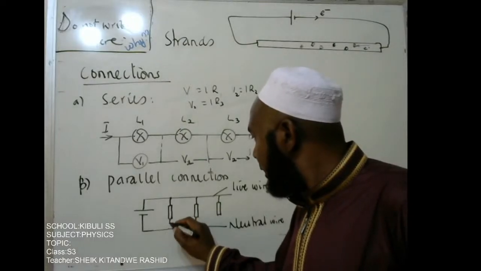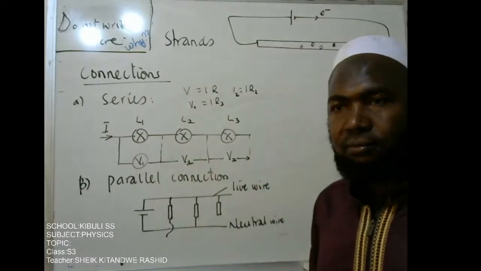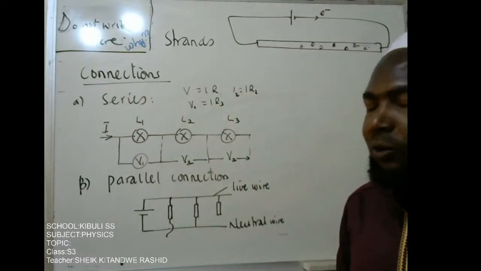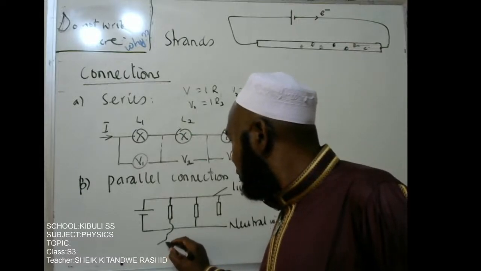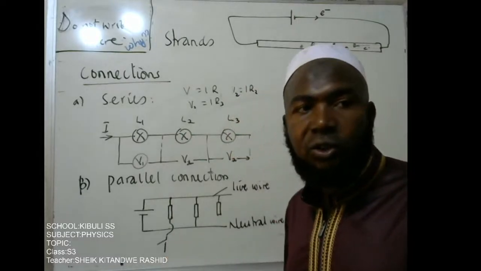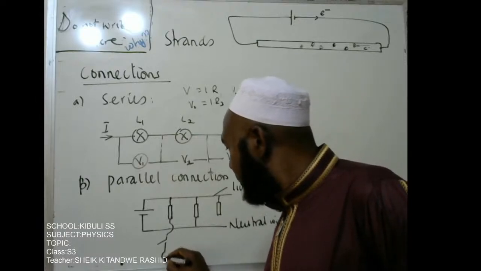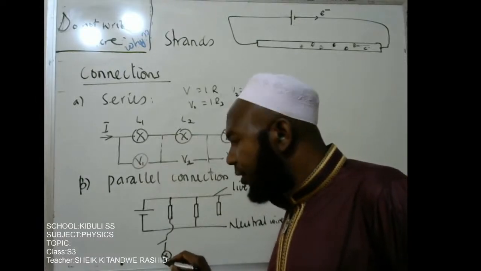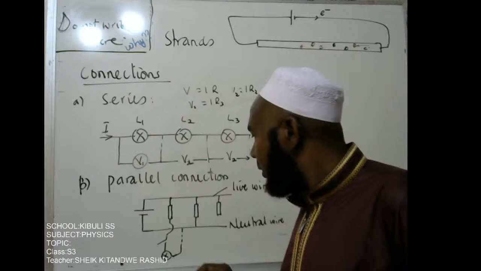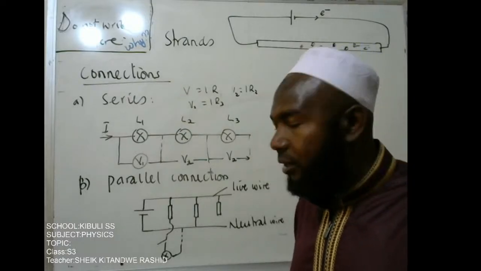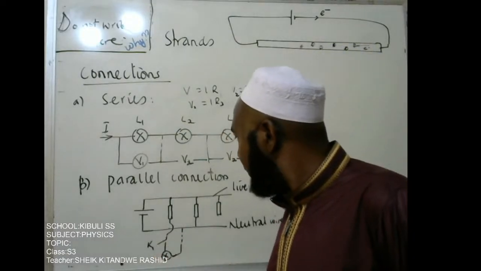That's why we do it like this, meaning that it is passing on top. And this one has its own switch, and then goes to the first bulb. Then the current from the bulb goes to the neutral wire to complete the circuit. This is switch K1.